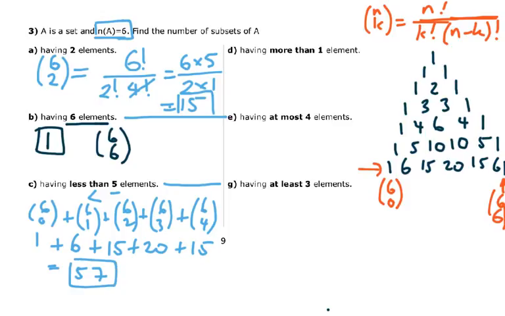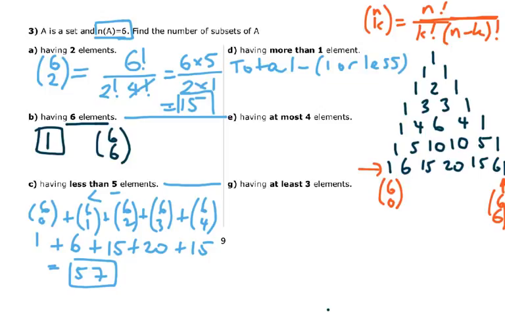Okay, so part D, having more than one element. Well, we could do the same thing as we did in part C and just list out every case that's true for. So for 2, for 3, for 4, for 5, for 6. But instead, it's going to be much easier if we use the complement, if we take the total and subtract 1 or less.